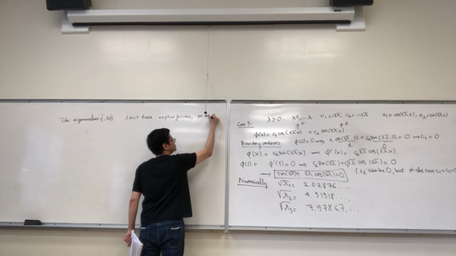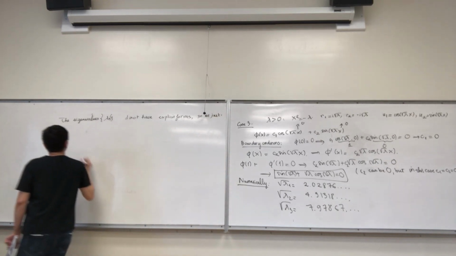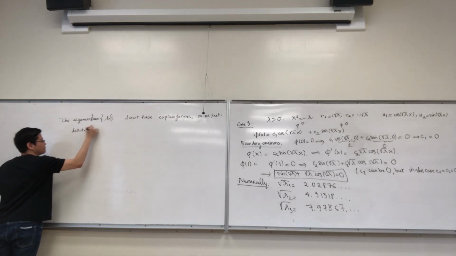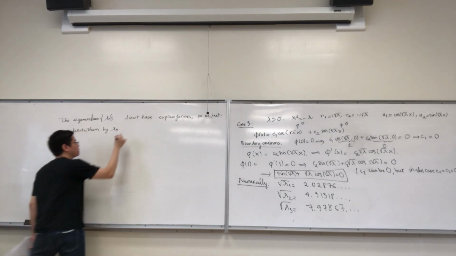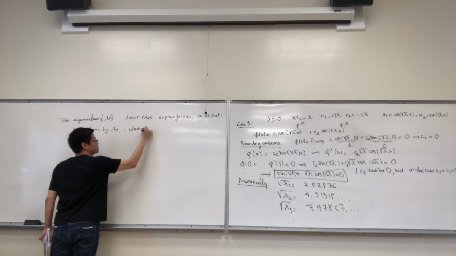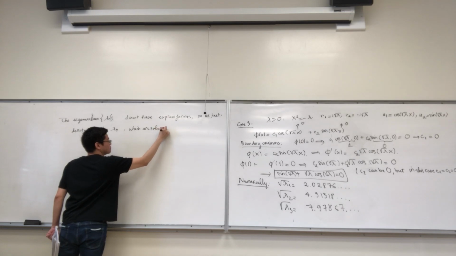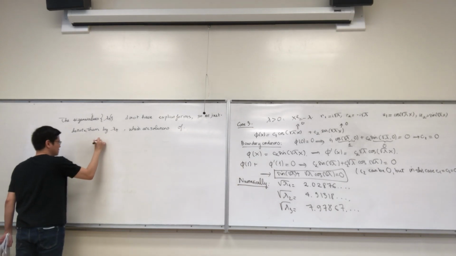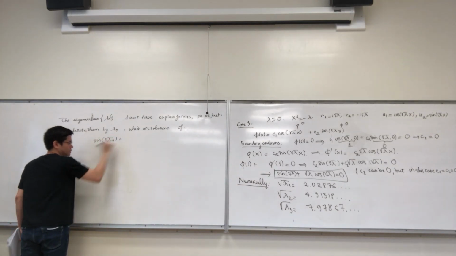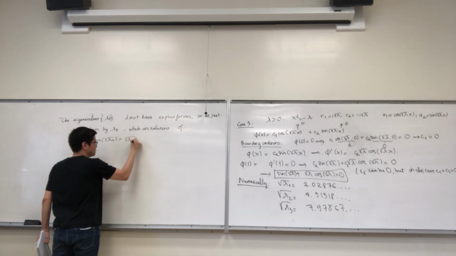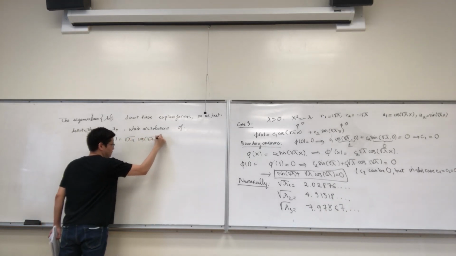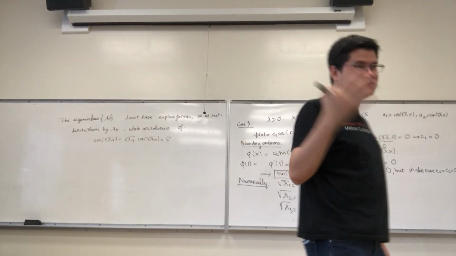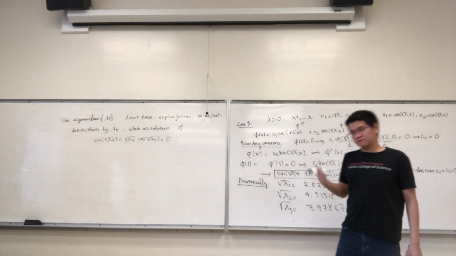So we just denote them by lambda n, which are solutions of sin of square root of lambda n plus square root of lambda n cos of square root of lambda n equals 0. Right? So different from the previous case, in this case, you don't have explicit forms for lambda n.